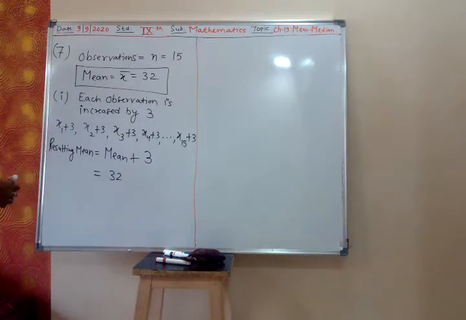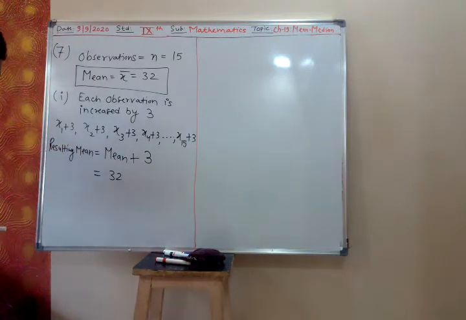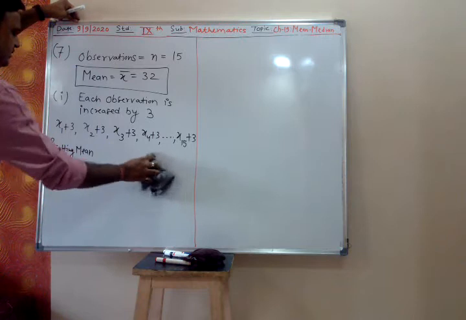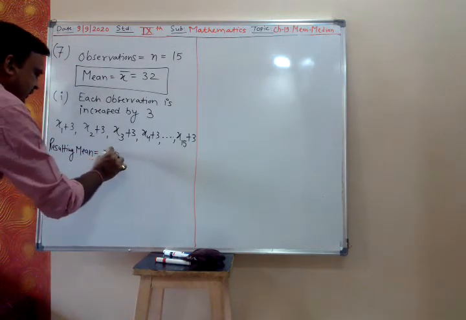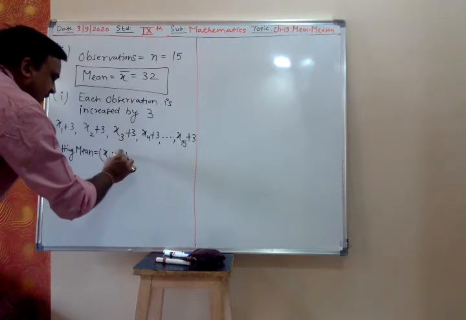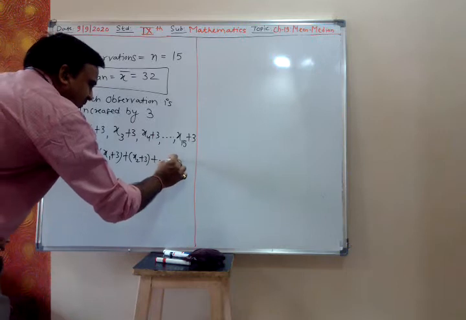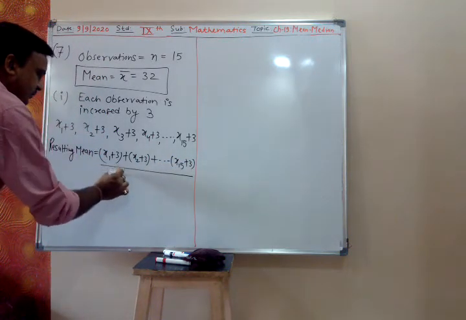How? 3 into 15? No, but then you are dividing by 15 also, no? Let me explain this part. This will be x1 plus 3, x2 plus 3, up to x15 plus 3, divided by 15.